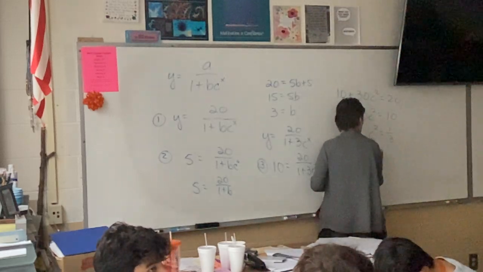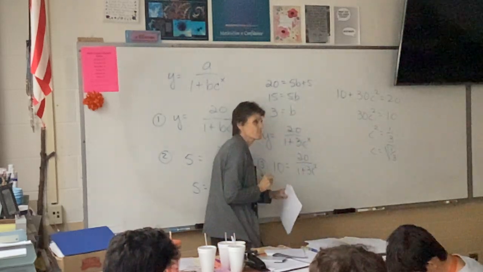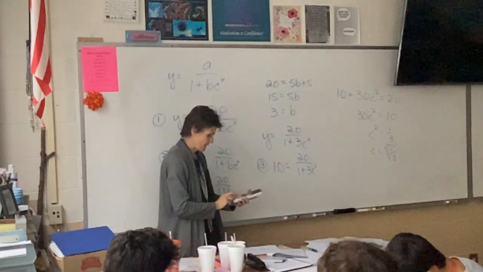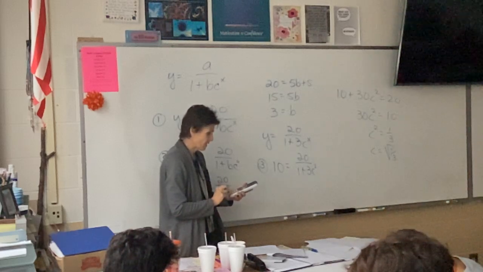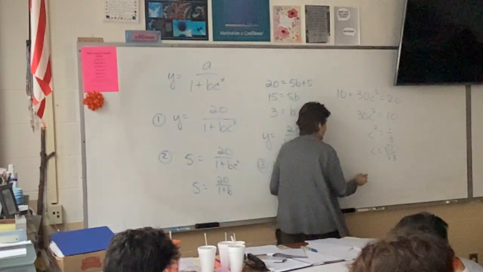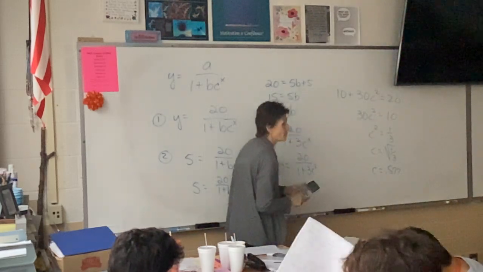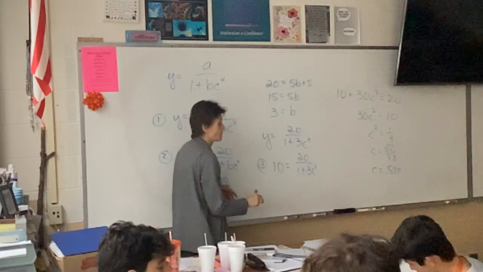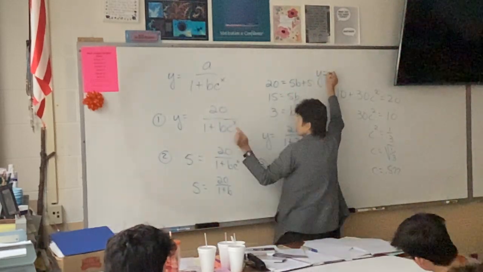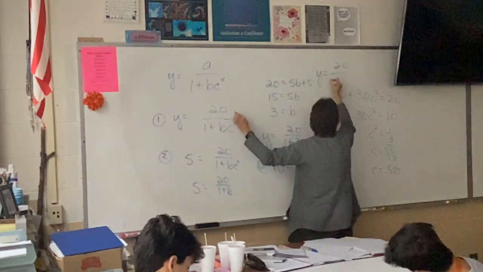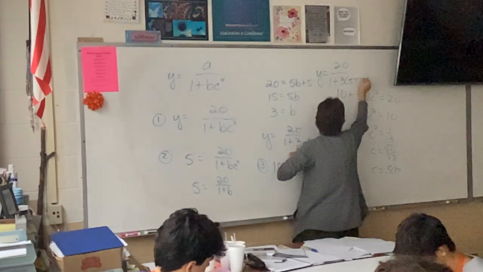Did you get c to be the square root of 1/3? I did, yeah. But you have to rewrite it, right? And that number is 0.577. And then I'm ready to write my final answer, which is y equals 20 over 1 plus 3 times 0.577 to the x.